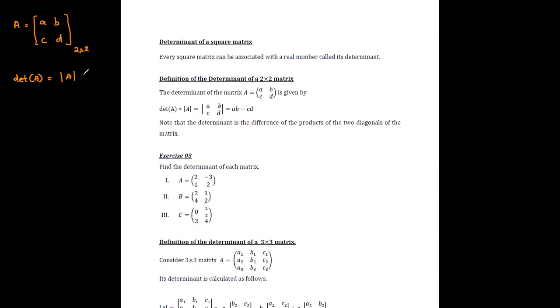Now, inside this notation, instead of the matrix A, you can write down the elements of this matrix as a, b, c, and d. Here we are not going to write down the order of the matrix, just the elements of the matrix.